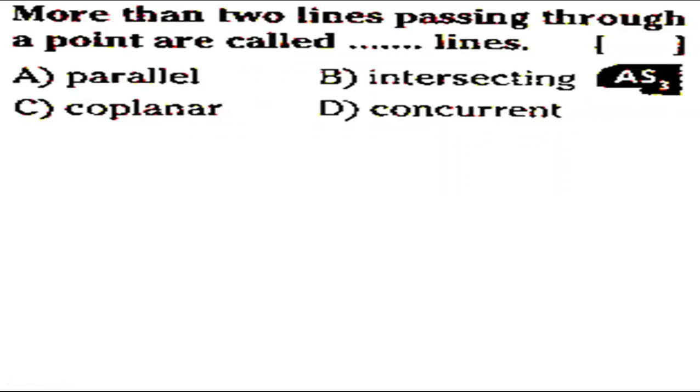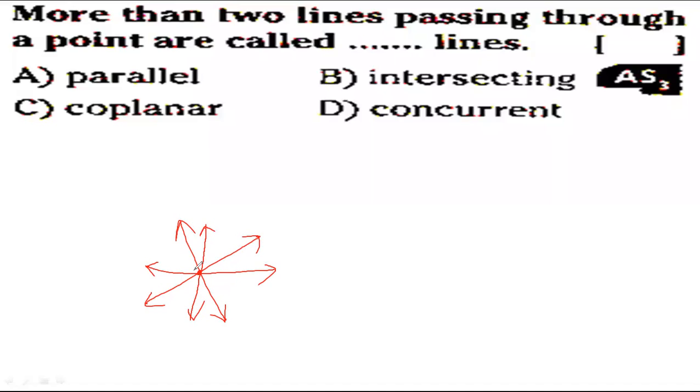Next question. More than two lines passing through a point are called dash lines. Let us say we have two lines meeting at a point and one more line passing through the common point, and one more line passing through the common point.